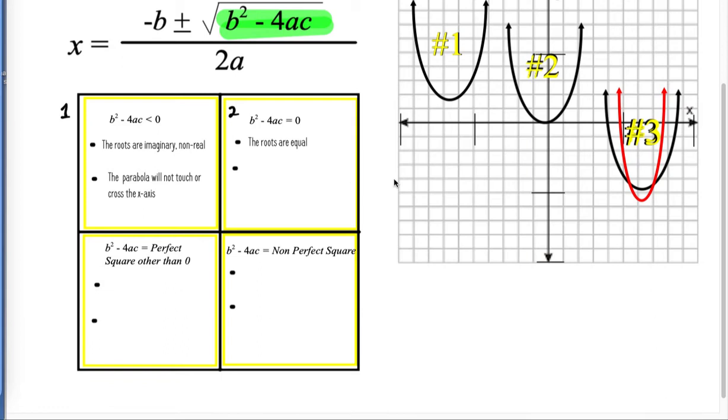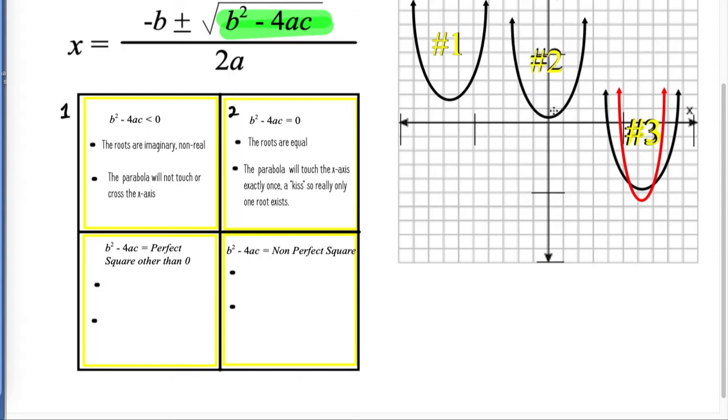Well, that means it was basically a perfectly square binomial. So the parabola is only going to touch the x-axis exactly once. It's going to kiss it. So here we have like mama. Mama only crosses the x-axis right here at 0, 0. So she only has one root. We're going to give you more of what I mean on the next page.